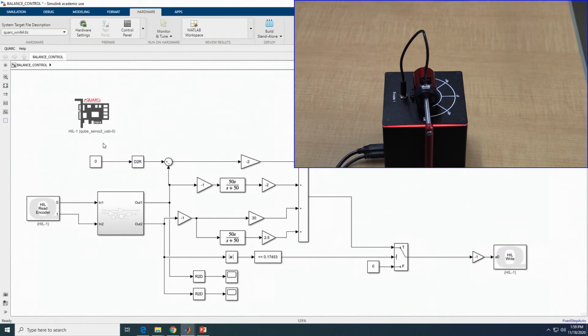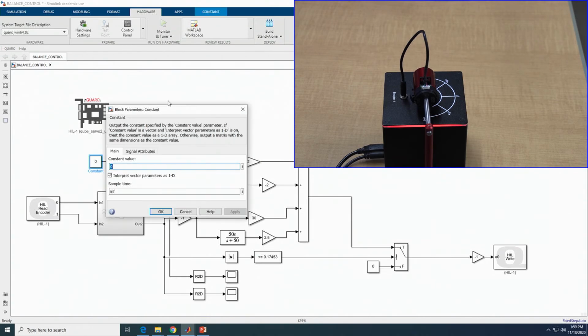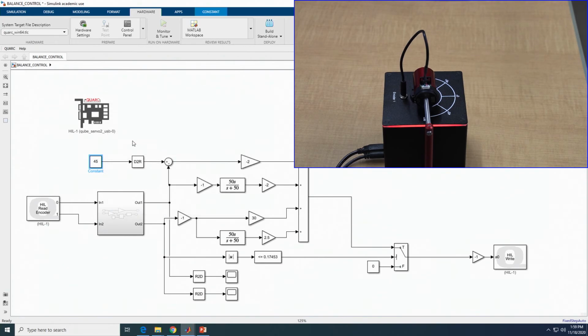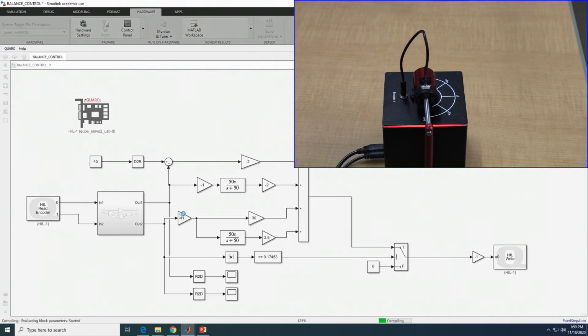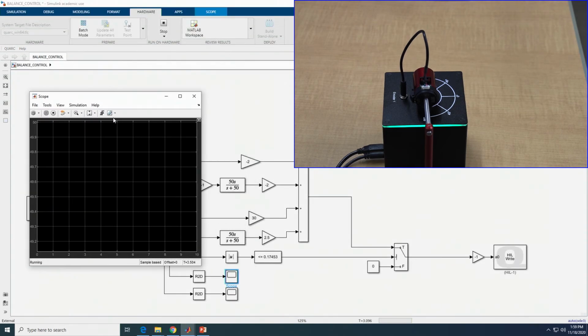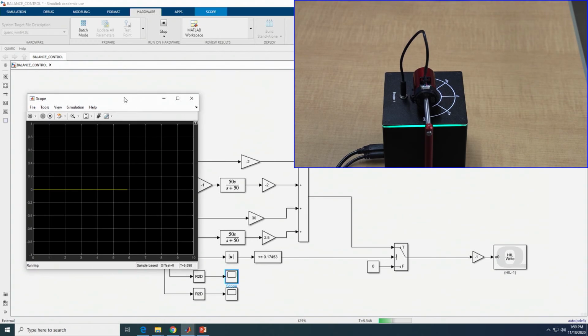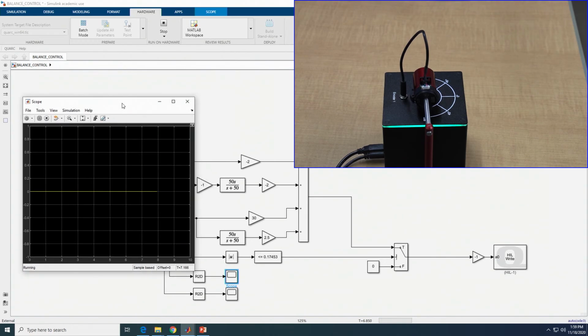Okay, and as the last exercise, I'm going to change the reference value for the arm angle and rerun the simulation to see whether or not the system will be able to follow this reference value for the arm angle. So we have the scope for the angle theta here.